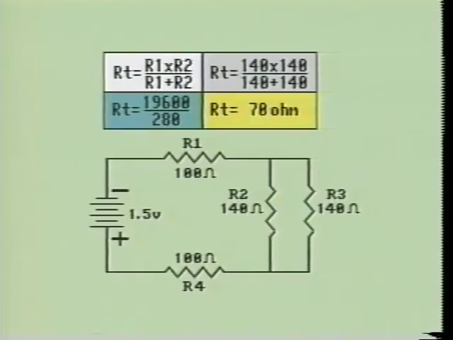We substitute the values of R2 and R3 and our formula becomes 140 times 140 divided by 140 plus 140. Our formula is 19,600 divided by 280. When 280 is divided into 19,600, it shows there is a total resistance of 70 ohms. Therefore, the R2-R3 combination has a total equivalent resistance of 70 ohms.